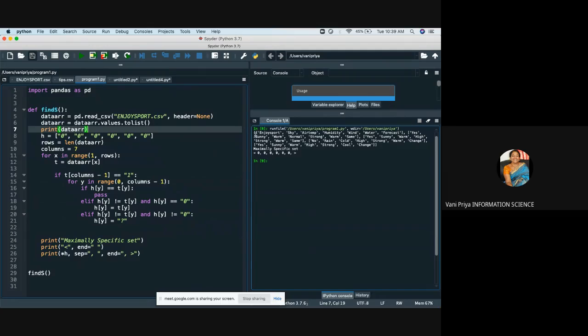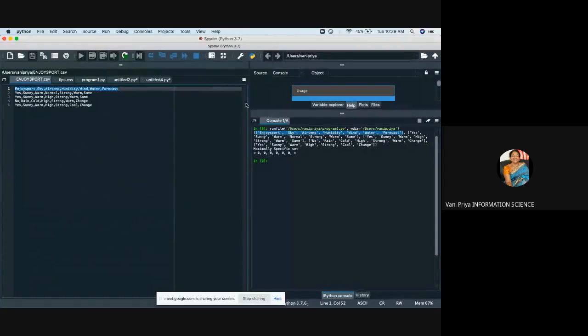So if you see here, this is the data array. What is this data array? Here, this data array contains a list of lists. What is meant by list of lists? A kind of an array, right? So here, the first one is a list of enjoy sport, sky, air temperature, humidity, wind, water, and forecast. If you see, these are the headers.